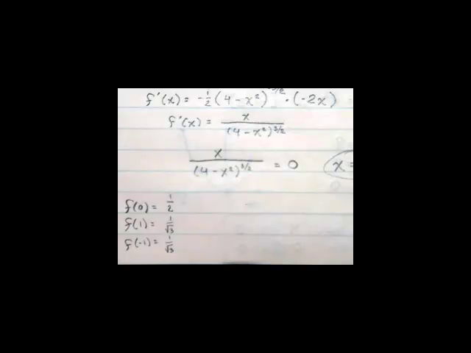Try the calculator. 1 divided by 2 is 0.5. 1 divided by the square root of 3 is 0.577-ish. So 1 over the square root of 3 is actually bigger, because the square root of 3 is smaller than 2, so when you divide by it, it makes a bigger number. So I'm going to graph this thing.